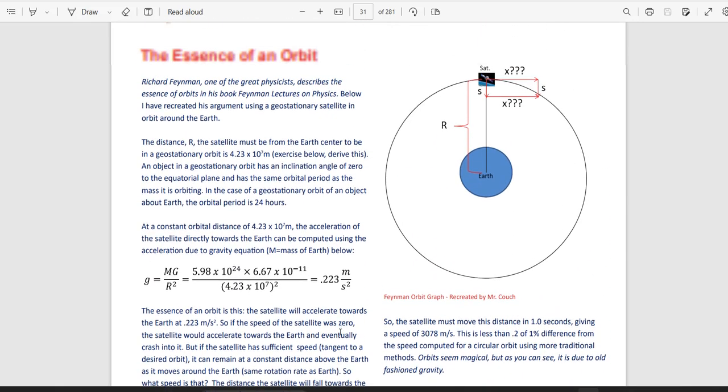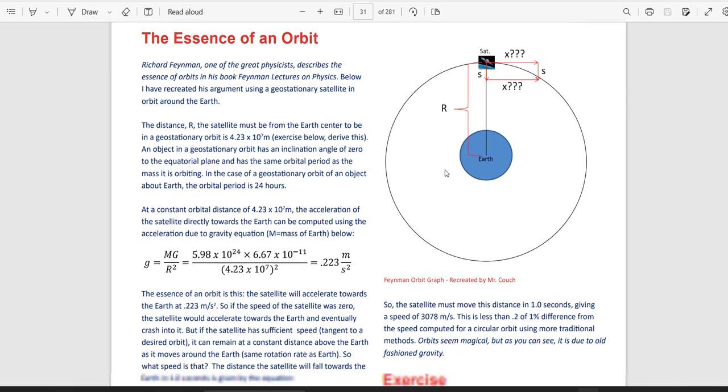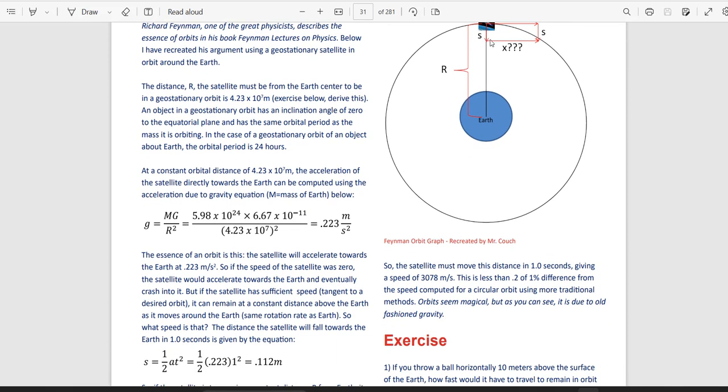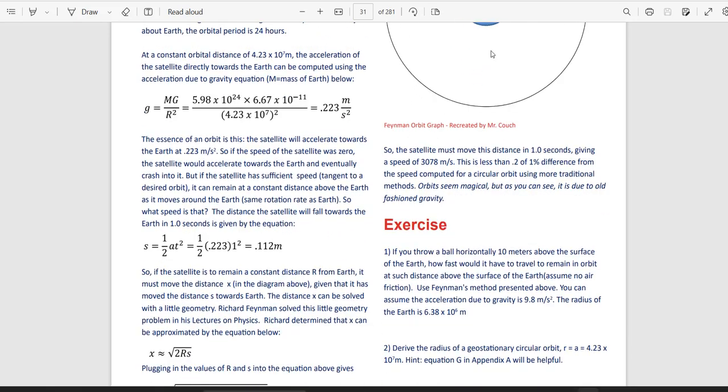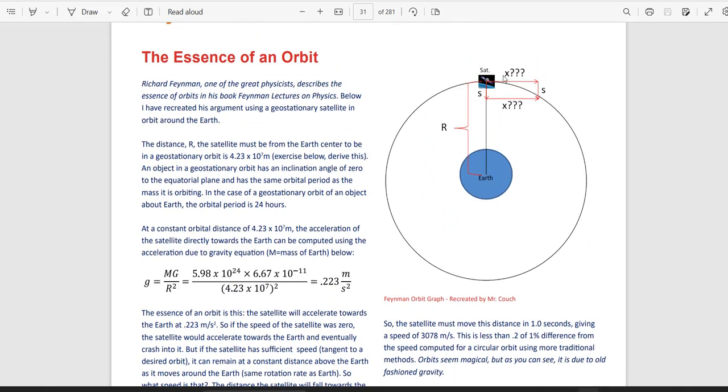So it travels 0.112 meters in this direction, but it must travel 3078 meters in this direction to stay on the orbit. And let's do that in 1 second. So what's the velocity of this thing to maintain a circular orbit? It's 3078 meters per second. This is less than 0.2 of 1% difference from the speed computed for circular orbit using more traditional methods, which we'll do shortly.